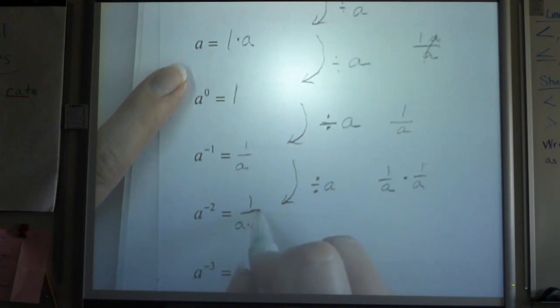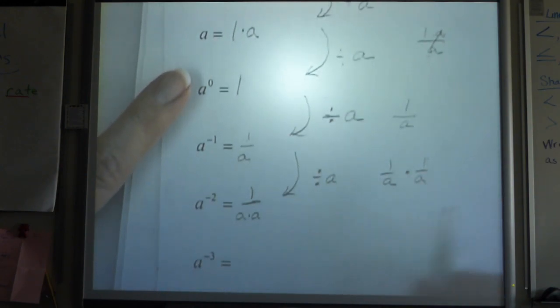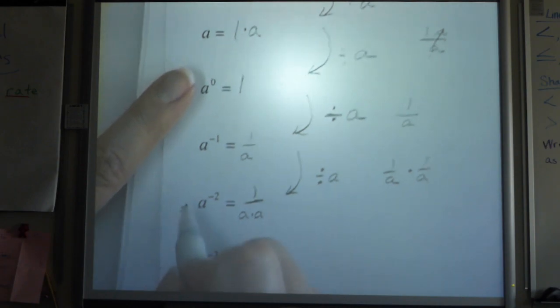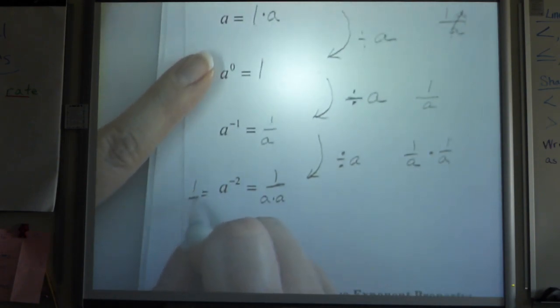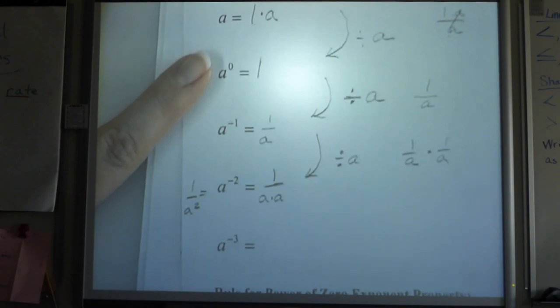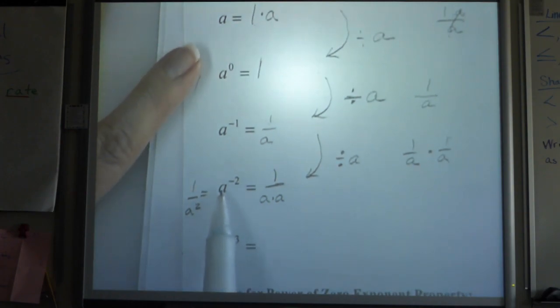We'll leave it as 1 over A times A. I'm going to put it over here, 1 over A squared. I want you to understand these are equivalent. A to the negative second power equals 1 over A squared. These are the same thing. A to the negative second power is equal to 1 over A squared.